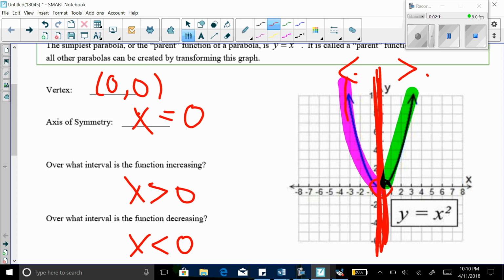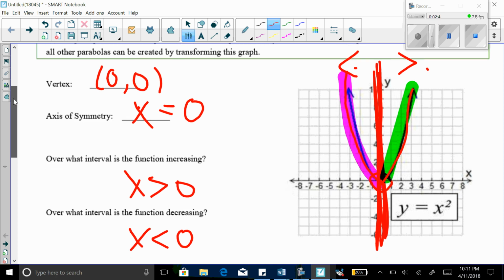So it's decreasing when the values are less than 0. So when it's -1, -2, -3, all the way on to negative infinity, it's going to decrease. It's going to increase when all the values are bigger than 0. So 1, 2, 3, 4, 5, 6, 7, 8 goes on and on forever. So that's nothing new. That's everything that we've talked about so far.